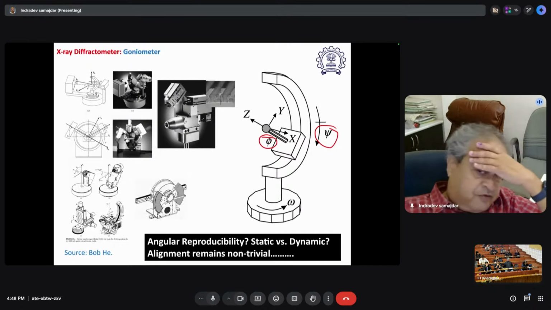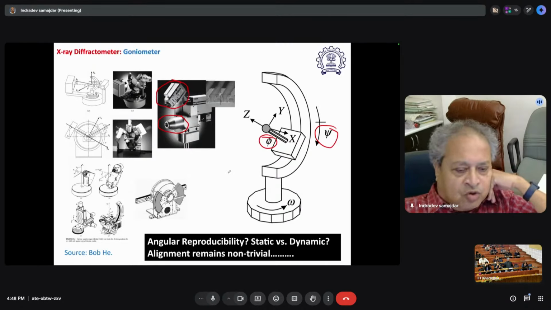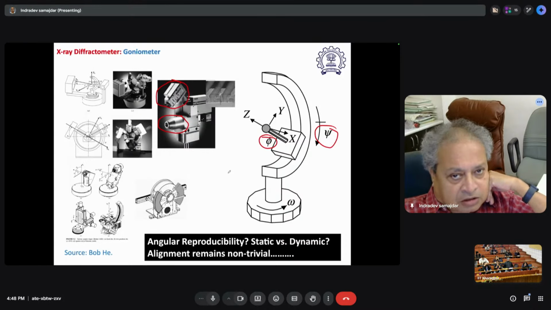I personally prefer using a goniometer with a source of laser, very small laser source, and a good quality camera mounted, so that I know where my X-ray is falling and I know how to get my diffraction done.